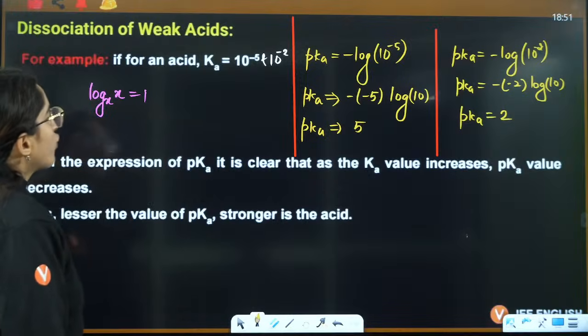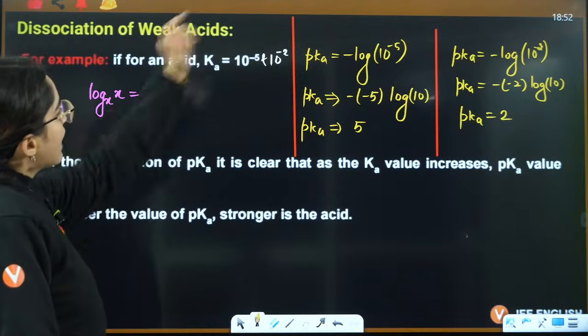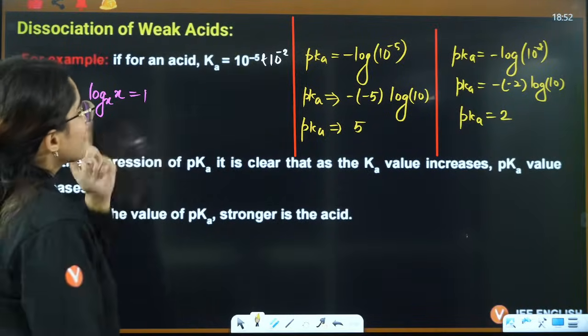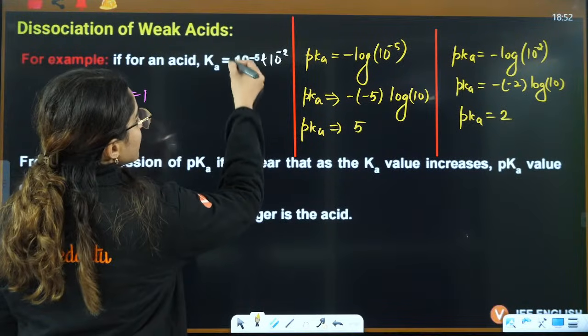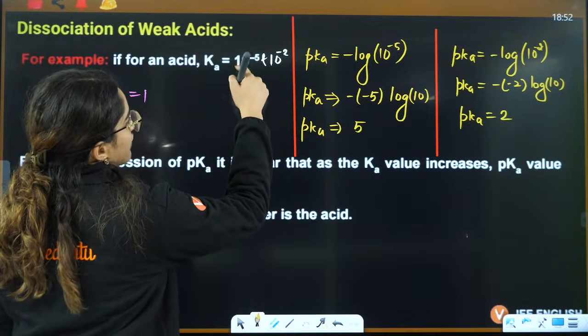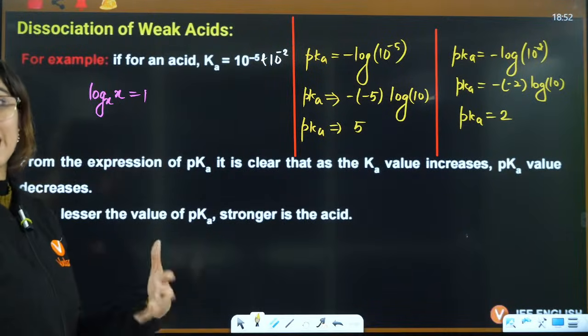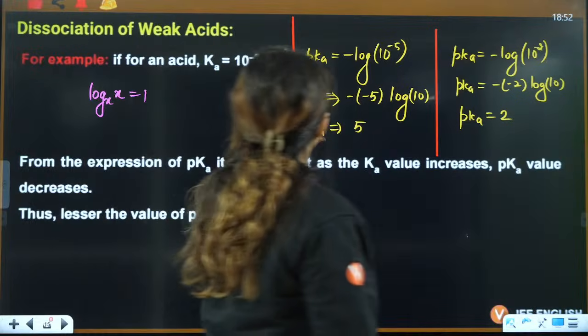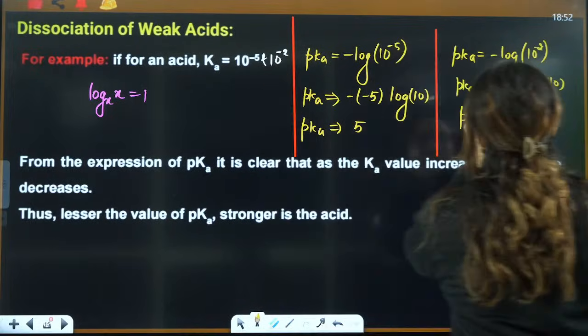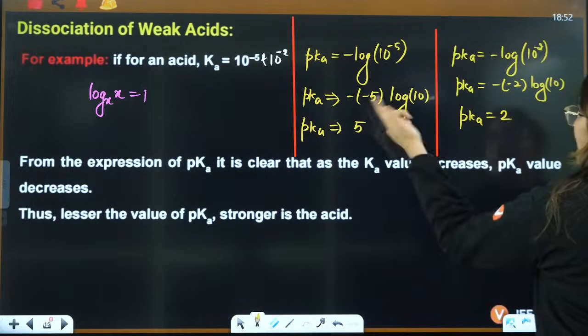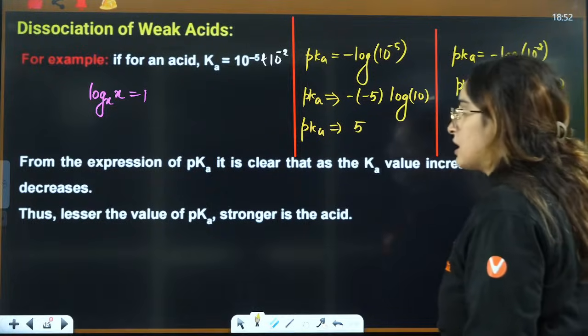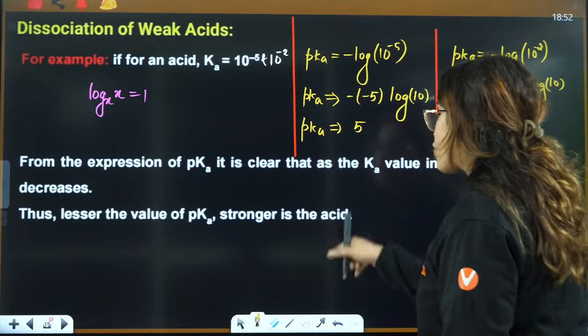So if you see 10 raised to power minus 5 in this, which one is greater? Obviously, 10 raised to power minus 2 is the greater value. Ka of this one is greater, but pKa of this one is less. That means they are inversely proportional. Lesser the value of pK, stronger is the acid.